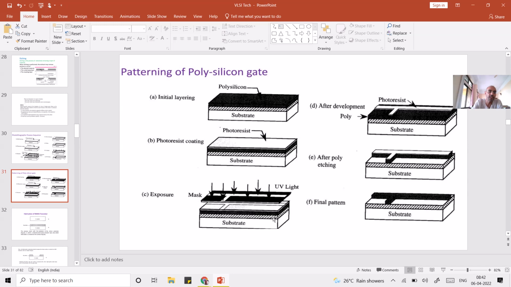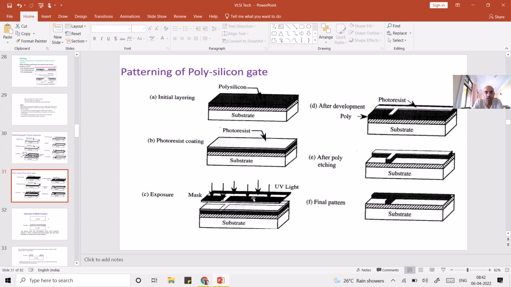Then what will happen? Wherever it is exposed, it gets softened, whereas wherever it is not exposed, it is hardened.